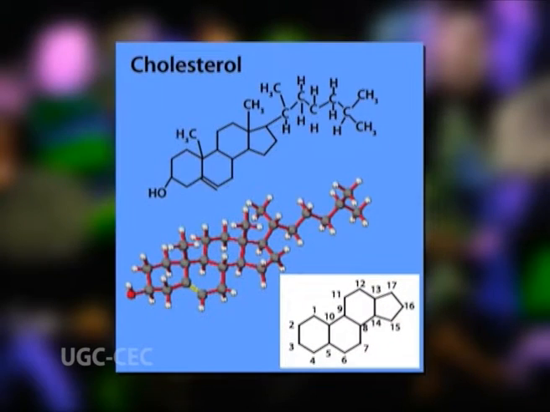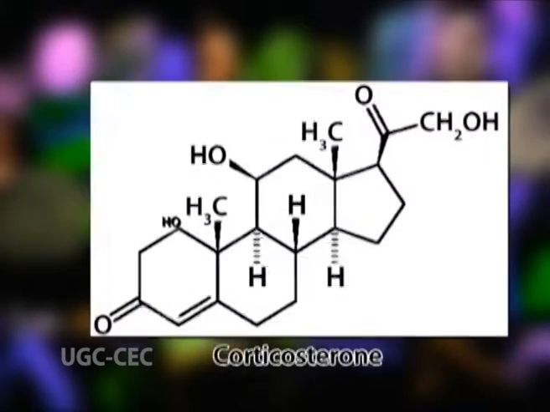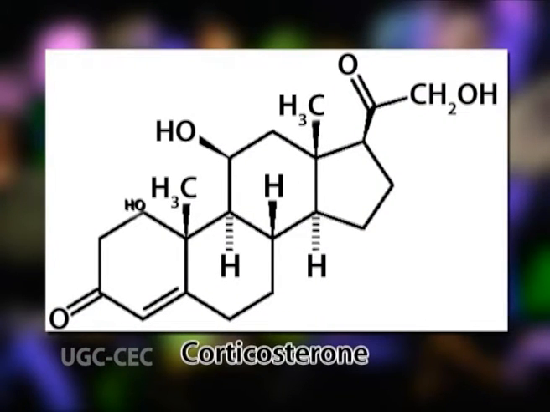Depending upon the functional groups attached to the fused ring structure, the steroids are of many types which include sterols, cholesterol, bile acids and steroid hormones such as corticosterone and androgens or sex hormones.